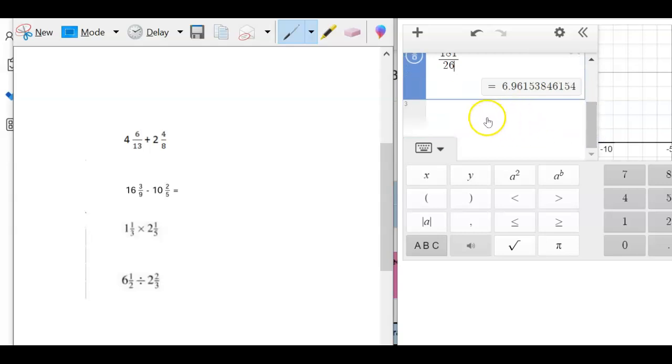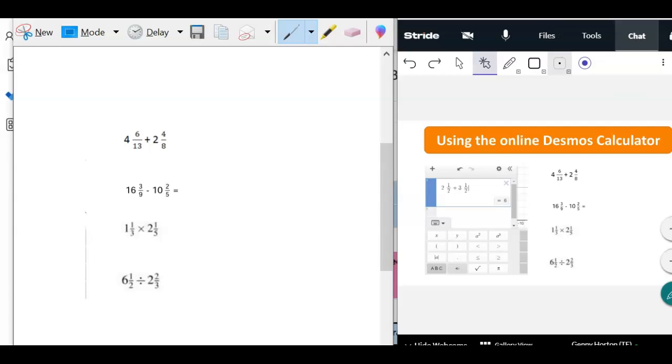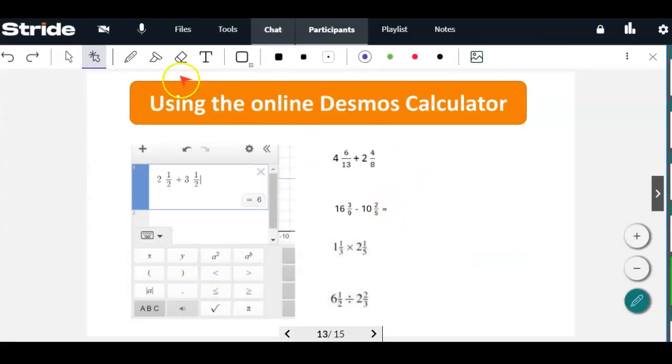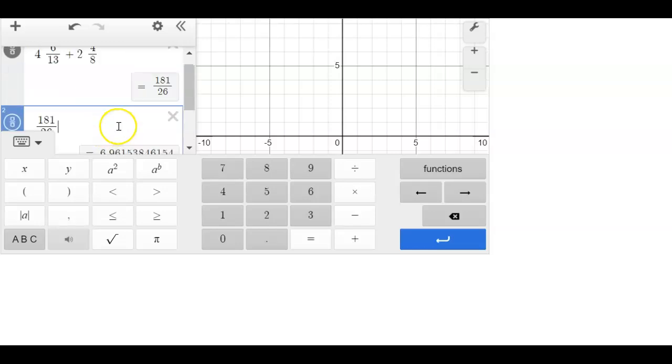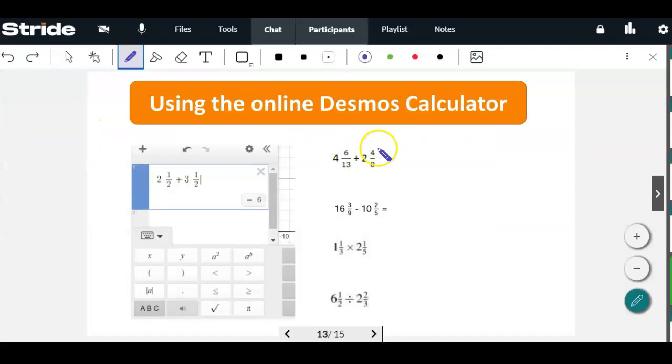So what you would do on the calculator is, let me go back to here. I'm going to go back to the first one. It was 181 over 26. I don't know why we picked such big denominators.